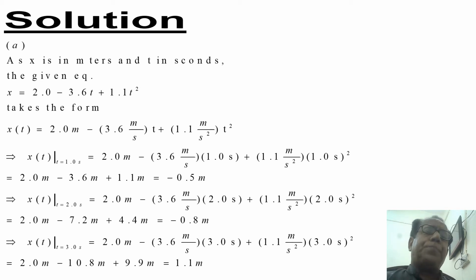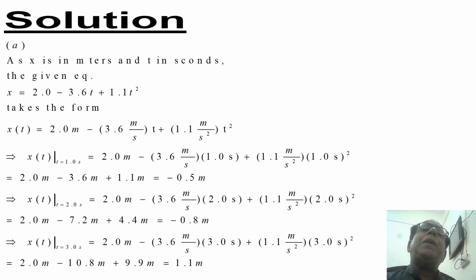So when x(t) is equal to 2.0 meter minus 3.6 meter per second into t plus 1.1 meter per second squared into t squared, then x(t) at t equal to 2.0 second will alternatively become equal to 2.0 meter minus 3.6 meter per second into 2.0 second plus 1.1 meter per second squared into 2.0 second whole squared.